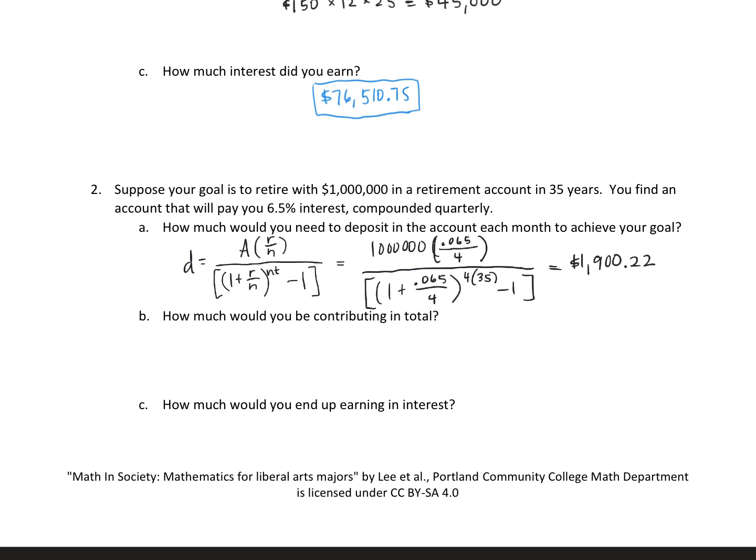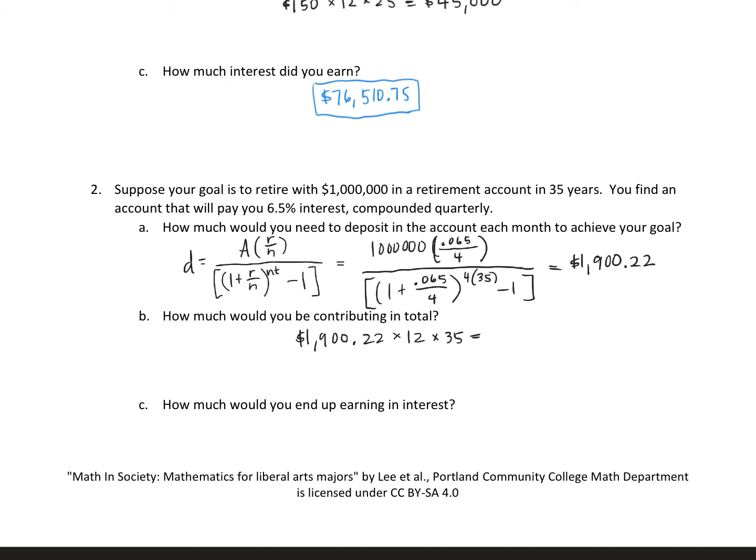So part B, how much would you be contributing in total? So we would find that by finding out the amount we would deposit each month. So $1,900.22 times 12 months in a year, and then multiply that by the 35 years.